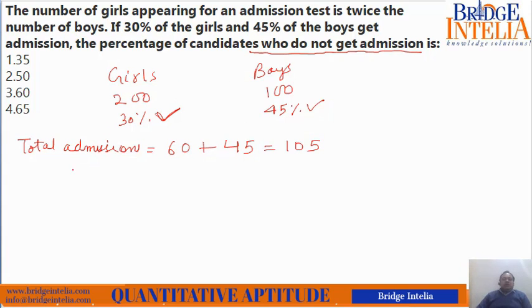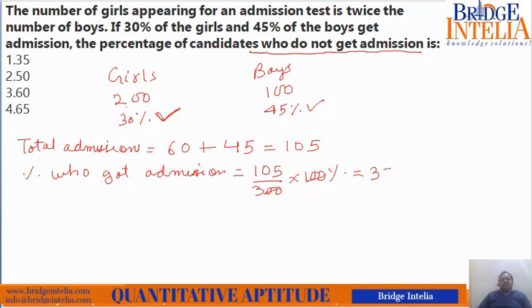What percentage of students got admission? Total students 300. So 105 out of 300. 105 is what percent of 300? So 35%.